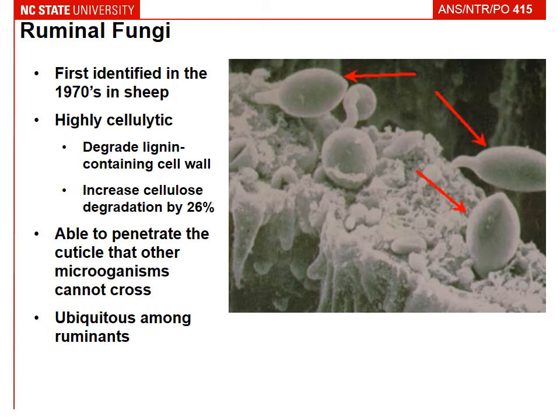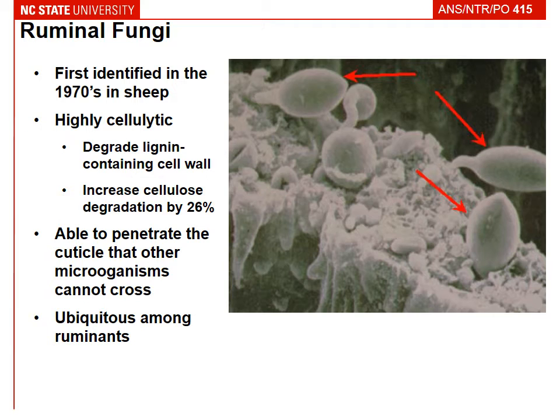And then it was very interesting. It wasn't until the 1970s that we discovered that there are fungi that live within the rumen. Before that, it was thought that it was mainly just bacteria and protozoa. But in 1975, they identified fungus that was found within the rumen of the sheep.